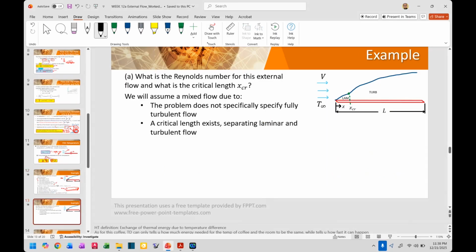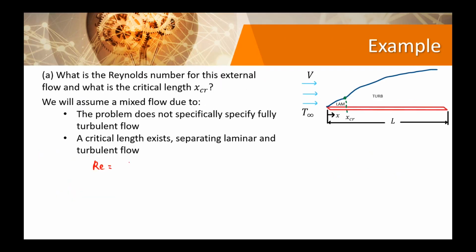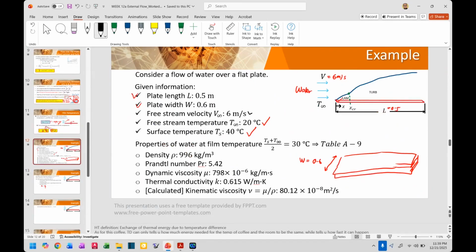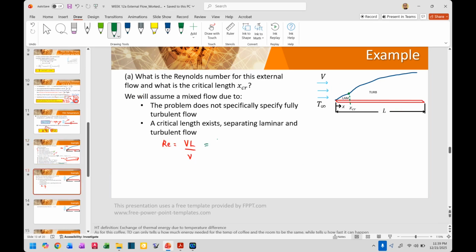So we understand that Reynolds number is simply V times L over nu. And our V, recall, is 6 meters per second. We had nu of 8.012 times 10 to the minus 7.